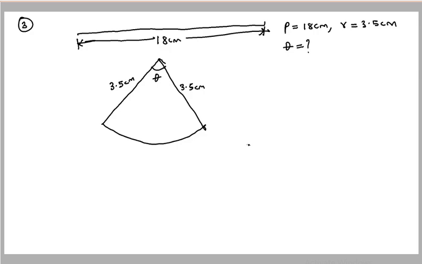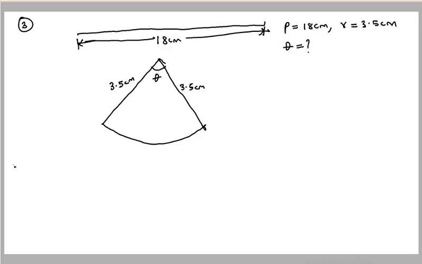Since I don't know the angle, my diagram might be affected because I don't know how it will look. But notwithstanding, this is just a sketch. This is plainly a problem on perimeter of sector, so let's see how we can apply the formula.